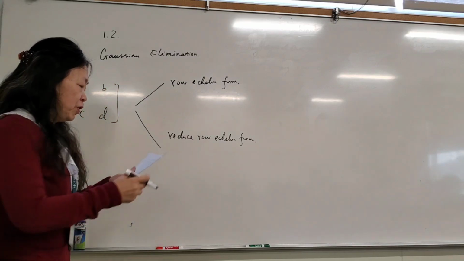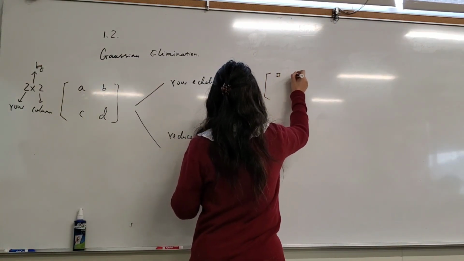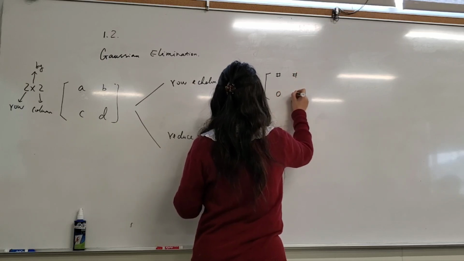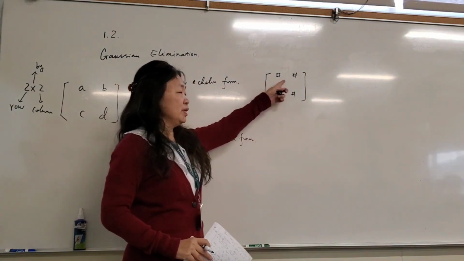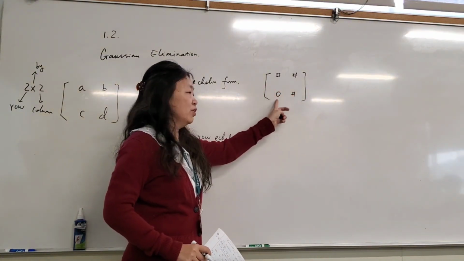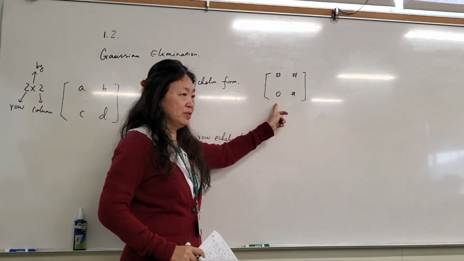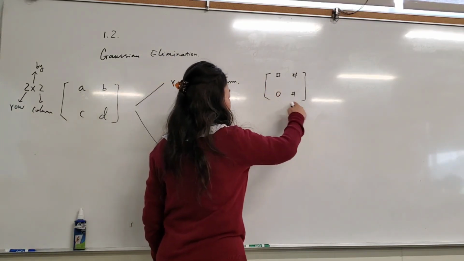So what's the row echelon form? Row echelon form looks like this. You get a number, and then 0 and a number. Any number here, okay? But you get a 0 under the first number for 2x2. The numbers look like a lower triangle.